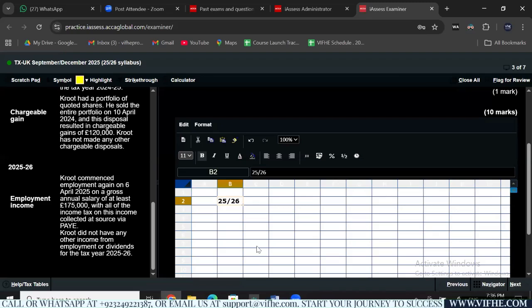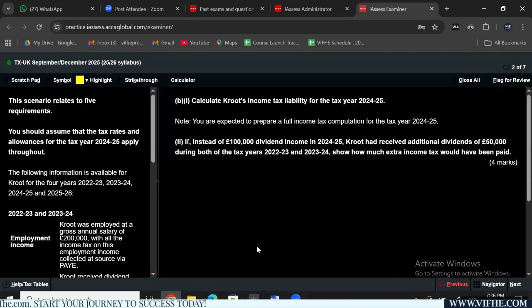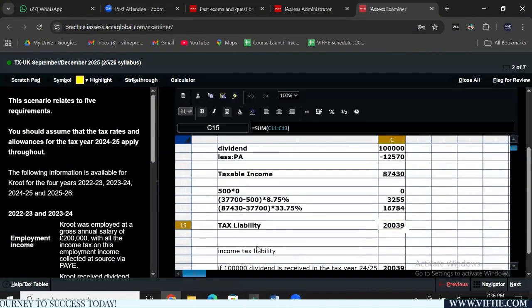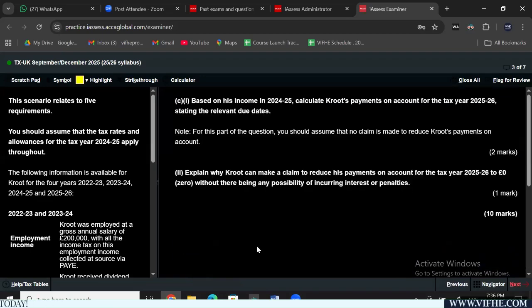The income tax calculation is done already. In the previous requirement, we did calculate the income tax figure of £20,039.